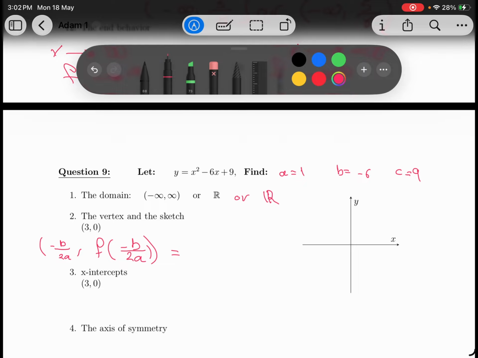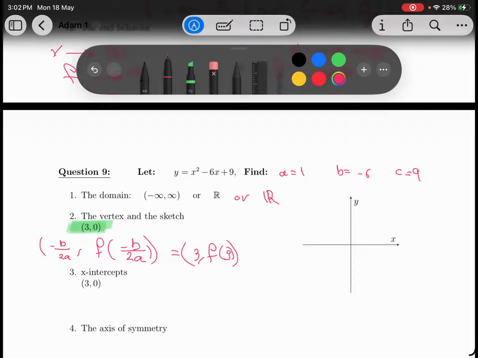So it will be 3 and f of 3, which is obvious. You plug in 3 here. If you plug in 3 here, you will end up with this. It's given here just to ease your life. I have here 3 and 0 is the vertex.